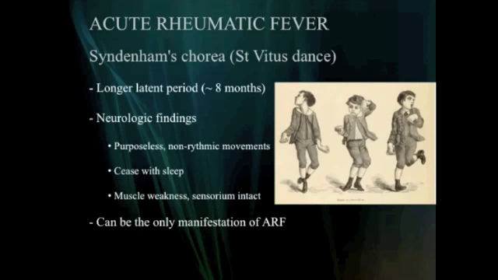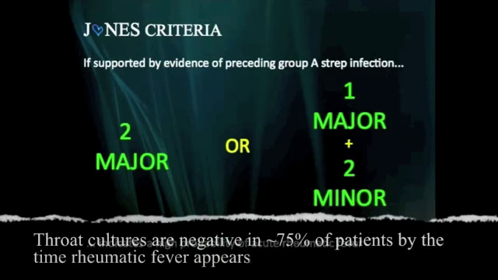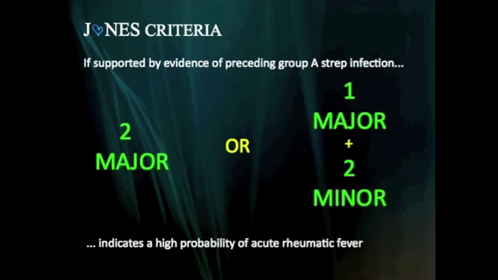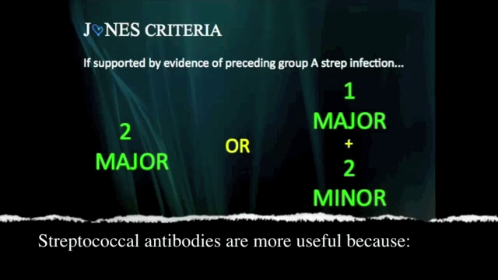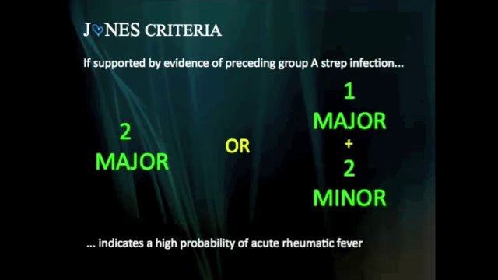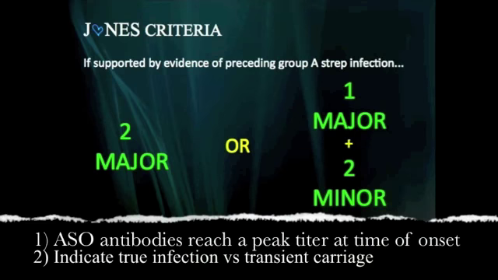And then Sydenham's chorea, also known as St. Vitus dance. Now, by the time people present with rheumatic fever, throat cultures are negative 75% of the time, but streptococcal antibodies are more useful at that time because they reach their peak titer level at that time, and they also indicate a true infection versus just transient carriage.